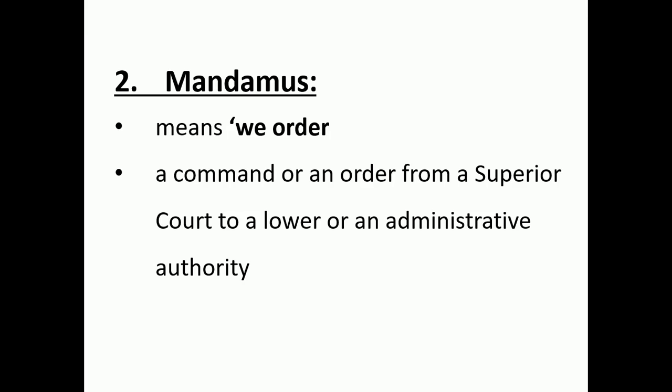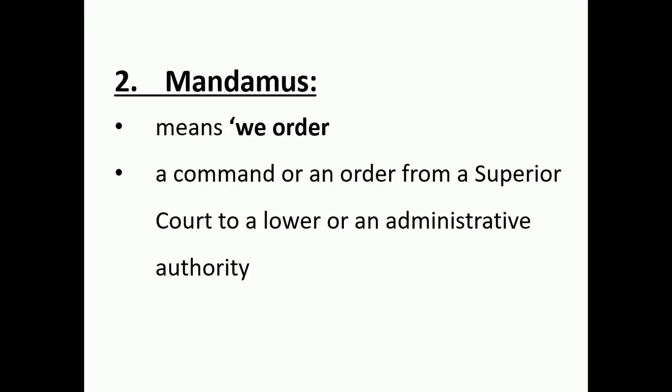So a High Court or Supreme Court is ordering its subordinate court or an administrative authority or any department of the government. A command is given to that particular administrative authority or to a subordinate or lower court. So this particular writ is known as mandamus.